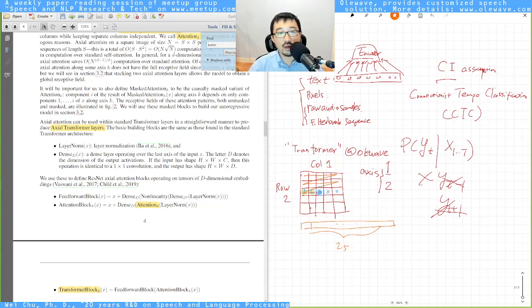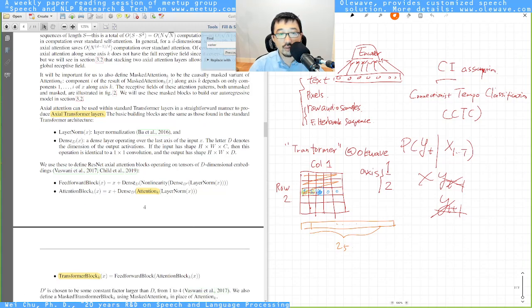They first define, or tell you, the terminology they use: the layer norm, dense. I don't think it's too complicated for you to understand. Then first they define a feed forward. Suppose you have an input X, then you apply this ResNet connection.